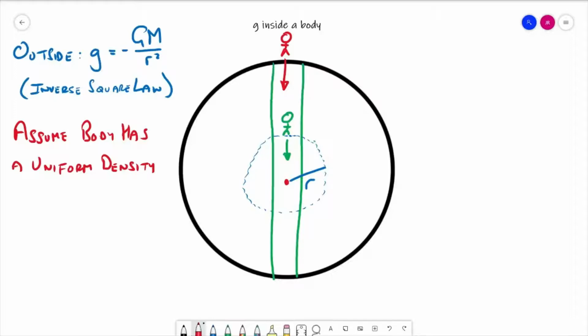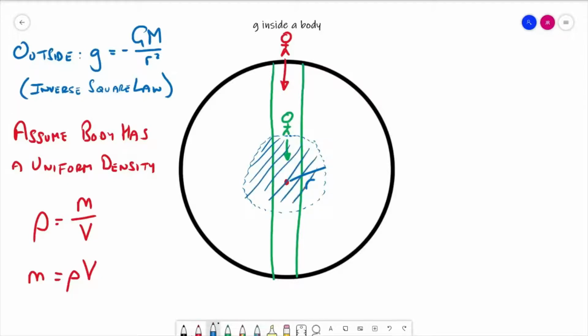Of course, we know the density equation. The basic density equation is rho is equal to m over V. It's the mass per unit volume. When we rearrange that for mass, we see that mass is density multiplied by volume. What we're interested in is the mass of whatever is inside us, the mass of that blue shaded area.